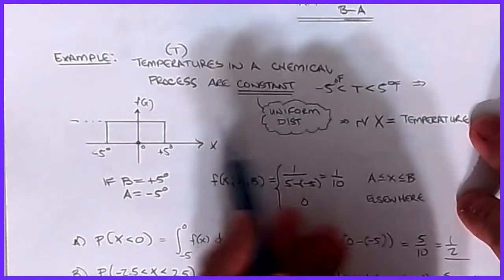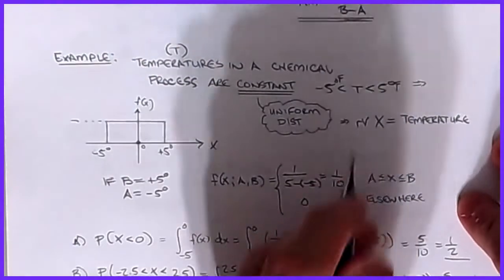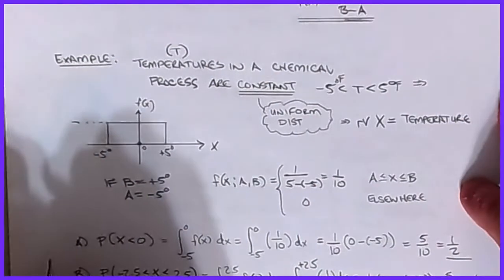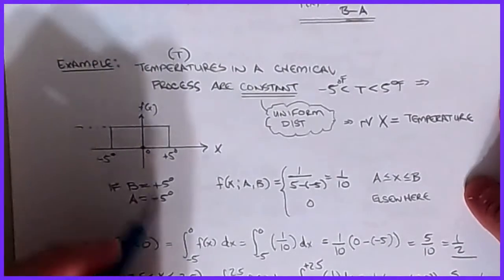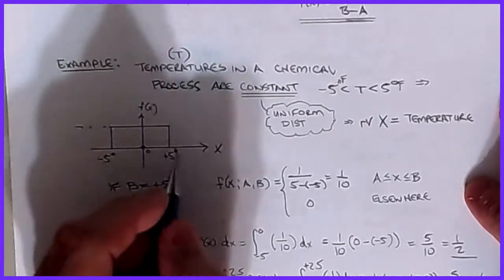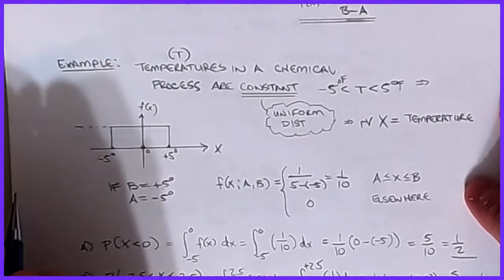And it's the same probability everywhere in between. We're going to define the random variable x as being my temperature. And so for our diagram, to set up the PDF, we set b equal to plus 5, that's the upper limit, and a is equal to minus 5, the lower limit, the one that's right there.